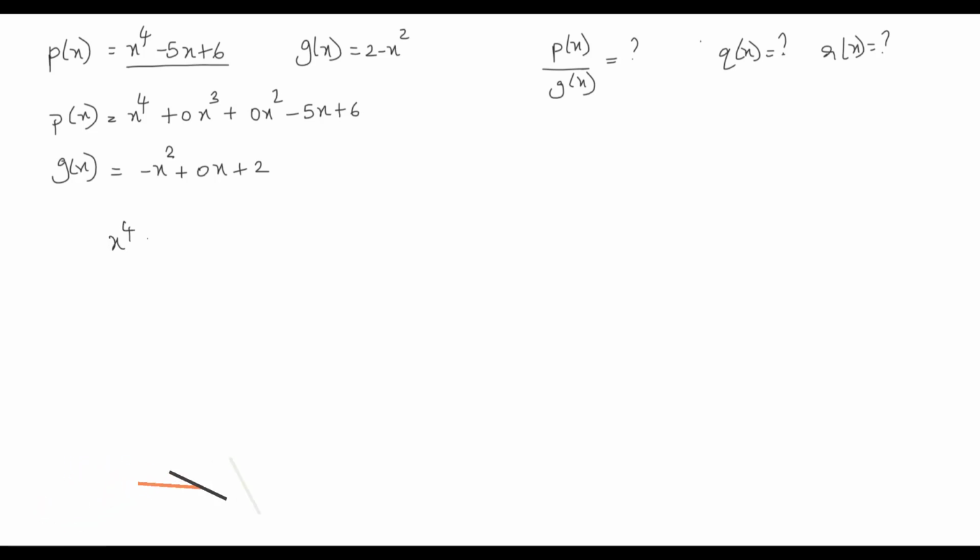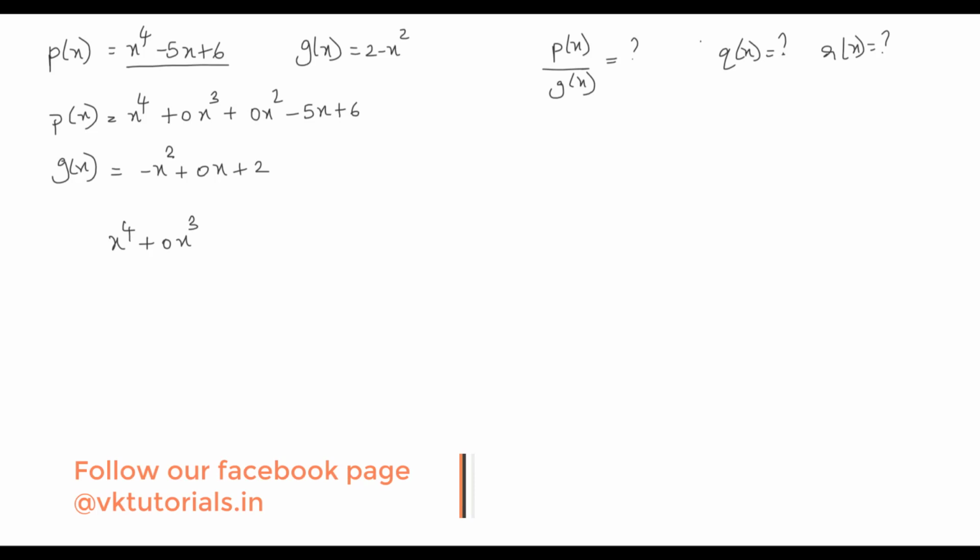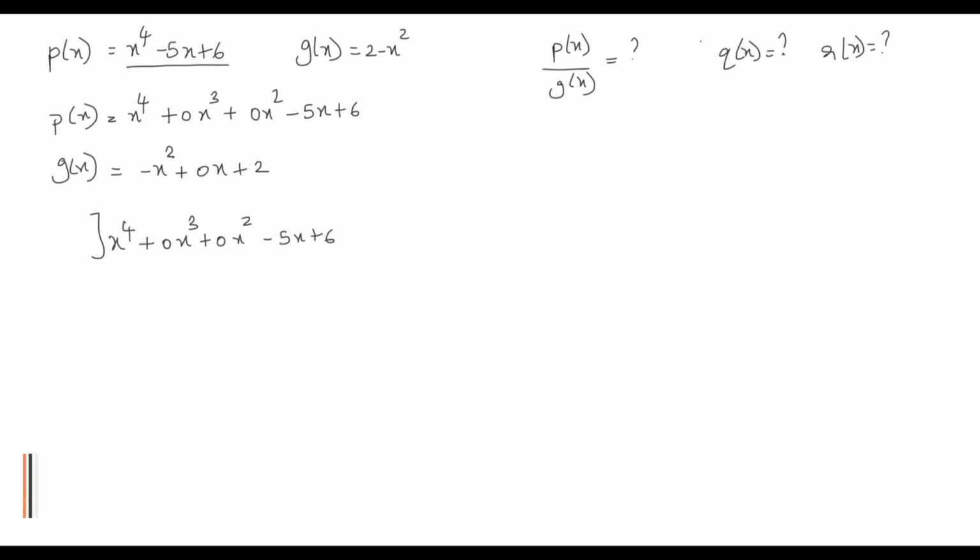x power 4 plus 0x cube plus 0x square minus 5x plus 6. Here, minus x square plus 0x plus 2. Now compare this and this. What should be multiplied to minus x square so that you get x power 4?